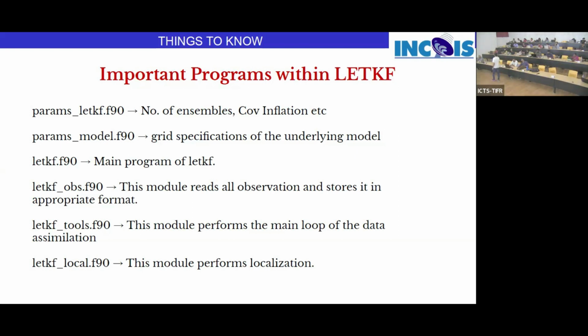That is your covariance inflation multiplicative factor. If you put it as 1.1, this means that you are asking for a 10% inflation. 1.05 is 5% inflation. You can keep it at 1 also. 1 means there will not be any inflation.